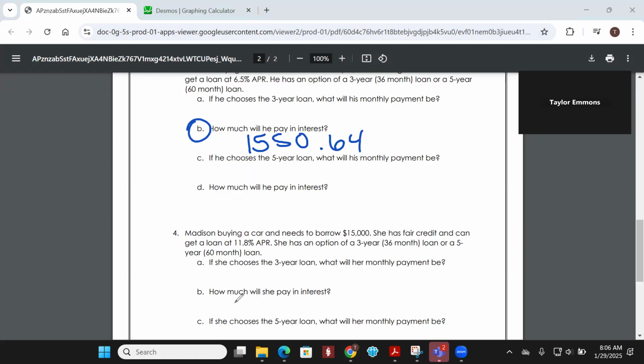Okay, how much was B on number 4? 2,884. Okay, what's the difference between these two? So subtract those two. What do you get? It's 1,333.44.